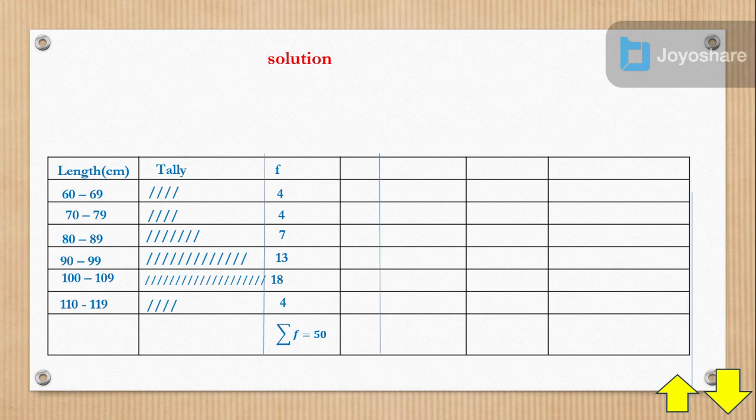Remember, they want us to get the mean. From the formula of the mean, we all know that mean equals the summation of f x over summation of f.